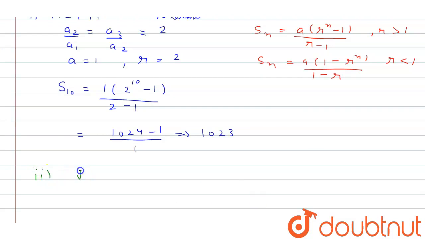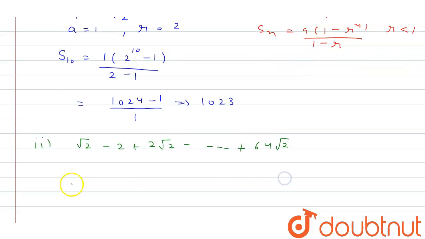The series given is root 2 minus 2 plus 2 root 2 minus up to plus 64 root 2. Here also the common ratio is A2 divided by A1 and A3 divided by A2.